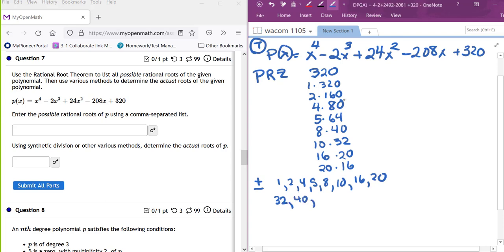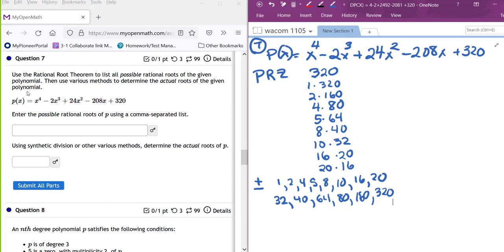I'm just going back up this side. 64, 80, 160, and 320. Right. Over 1, because your leading coefficient's a 1. So those are our possibilities, and no fractions there. All right, so next I would pull up the calculator.